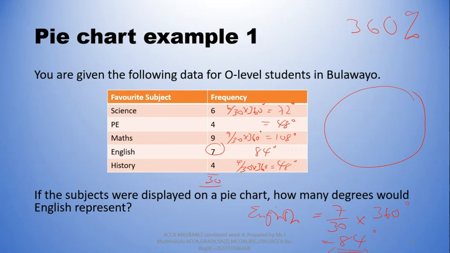If we add these degrees, they should come up to 360. Let us try: 72 plus 48 plus 108 plus 84 plus 48. That's 360. So we are done.